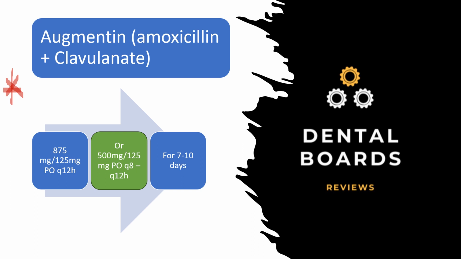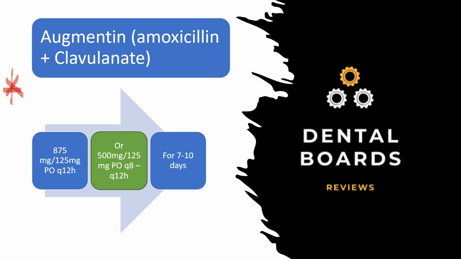Otherwise, it's relatively safe. As I said, the clavulanic acid doesn't change; it was 125 milligrams. But you have to be careful in patients who have chronic kidney disease, though 125 is not bad for stage 3.